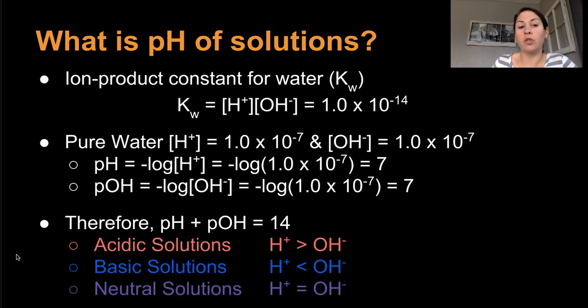And neutral solutions, such as pure water, are going to have an equal amount of both. That's the relationship we look at when we evaluate these. The last one that we did, where we were looking at ammonia, one of the reasons ammonia is a base is that we end up with hydroxide ions because water was acting as an acid, so we have an increase in hydroxide ions, and that's what makes it basic.